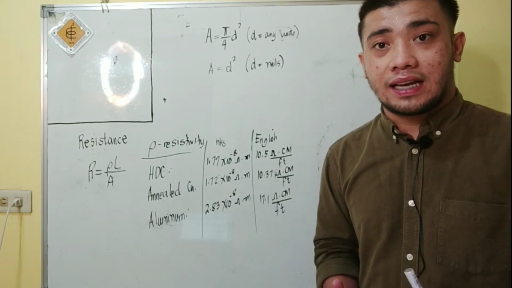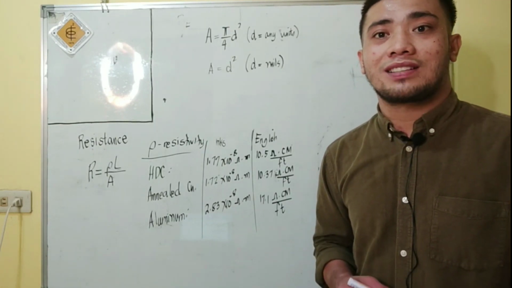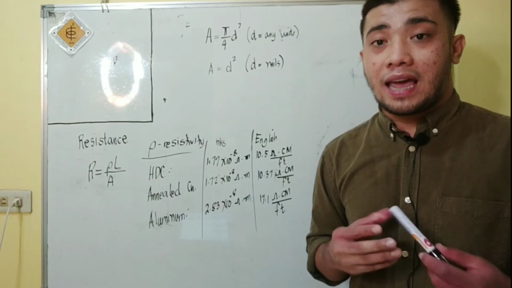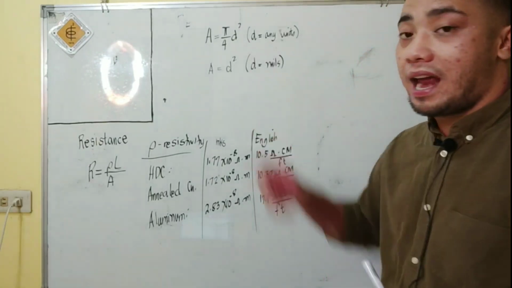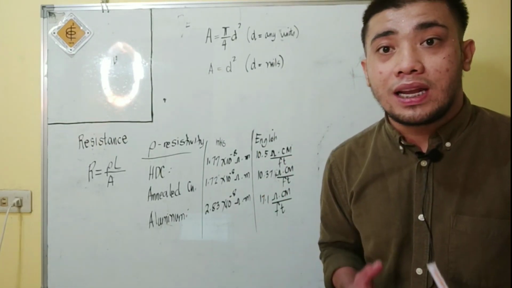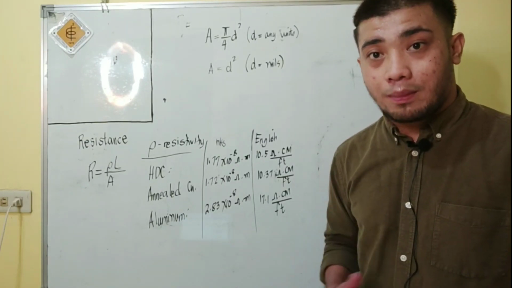If my diameter is centimeter, the area is square centimeters. However, if my diameter is mils, my area is square mils. But if I'm going to use the formula area is equal to d squared, my diameter must be in mils, because that's the only unit of diameter you can apply to that formula.